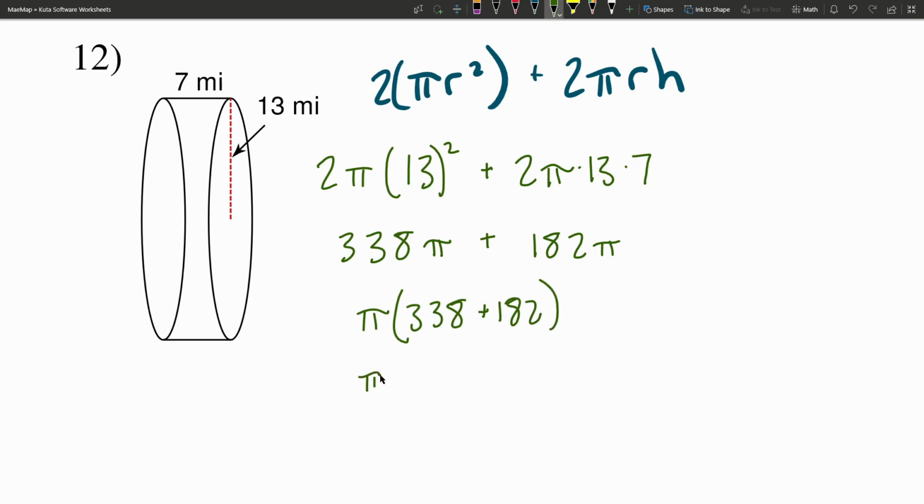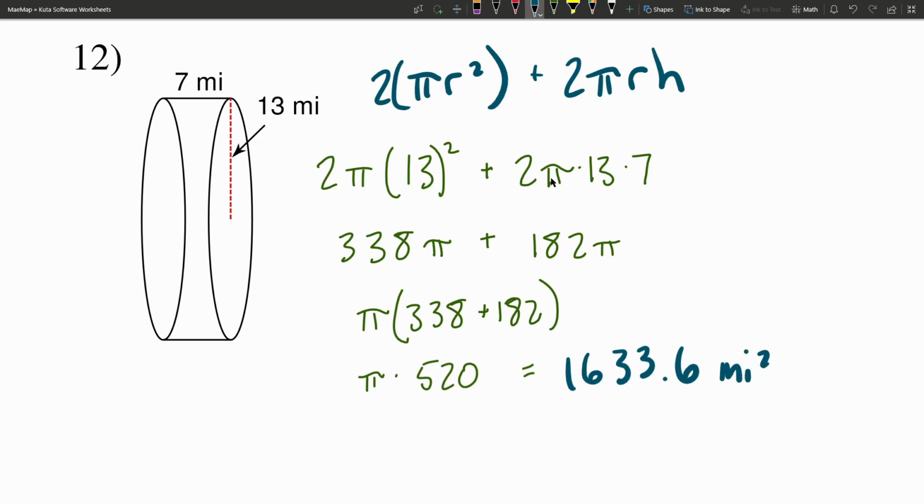This is going to give me pi times 520. And when I calculate that out, pi times 520 is approximately 1,633.6, and that's miles squared.